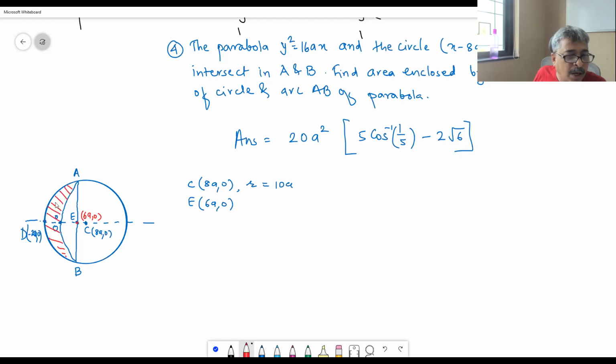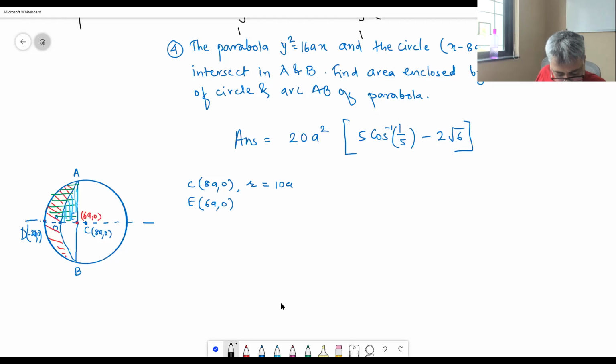So we have to use the curve of the circle first to find out, let us say, the green area, and then we have to use the parabola to find out the blue area, and then we subtract, right? That is the idea.